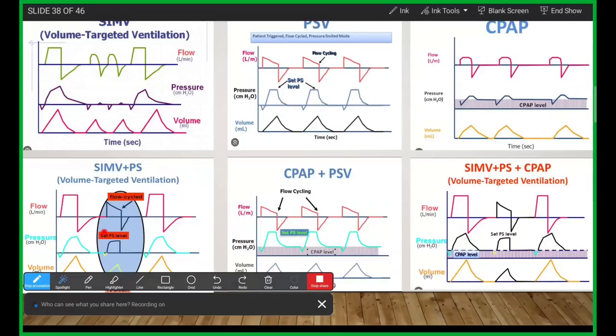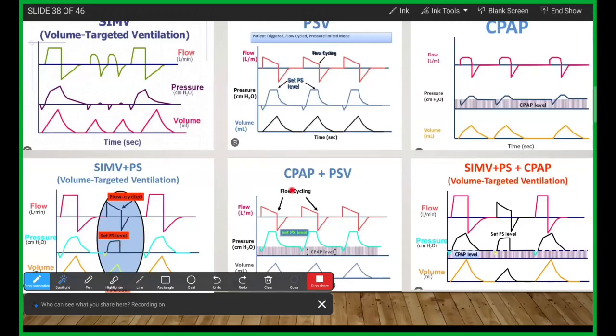So you have a mandatory breath in between which you have a spontaneous breath which is pressure supported. Here, this is the patient's spontaneous tidal volume, which doesn't get pressure support. But here it is pressure supported, so that it always recruits the alveoli. The recruitment of the alveoli is better in this mode, so it facilitates weaning.